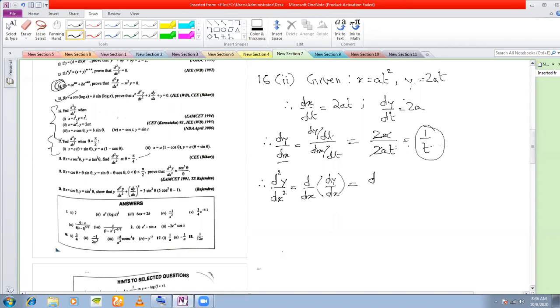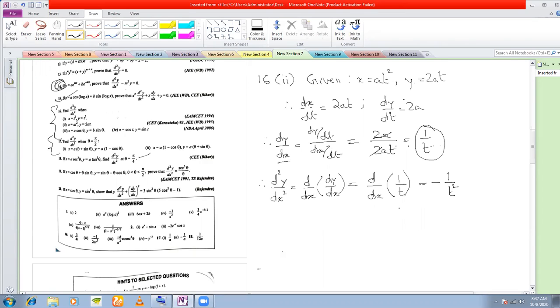What you do here is remember this technique. d by dx of dy dx, which is 1 by t. Now see here, you first differentiate 1 by t with respect to t. You have x here, doesn't matter. You first differentiate it with respect to t. So you get minus 1 by t square. Right or wrong?